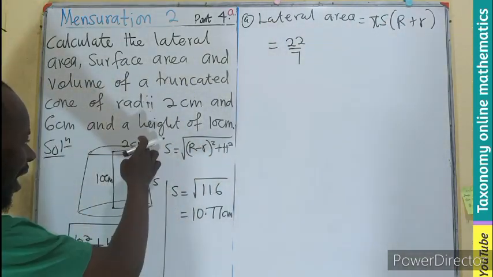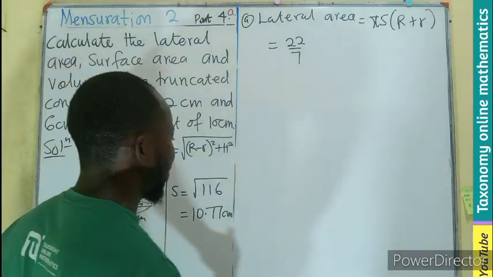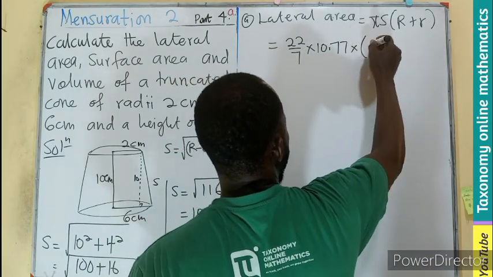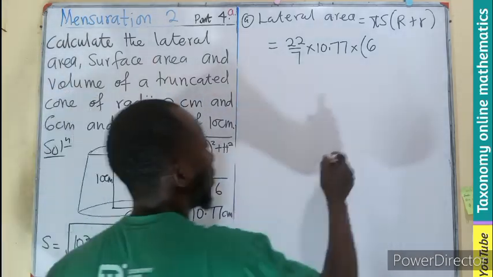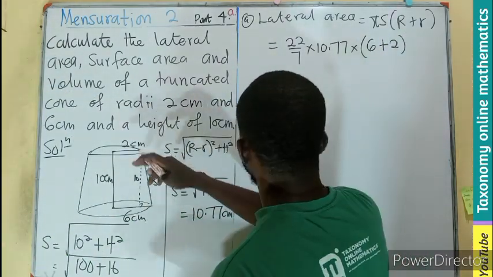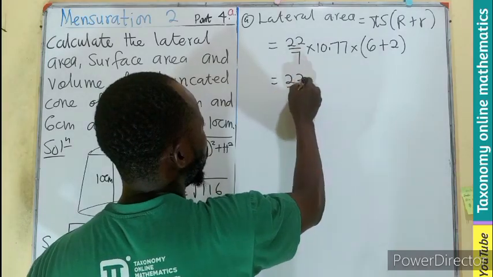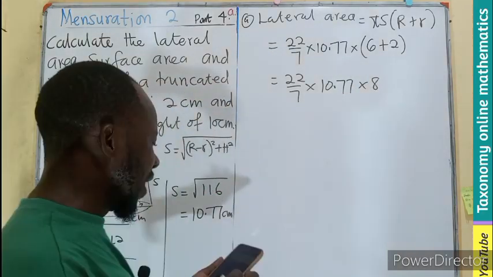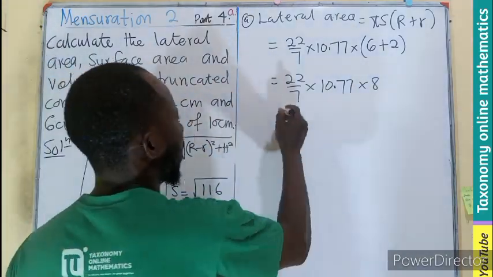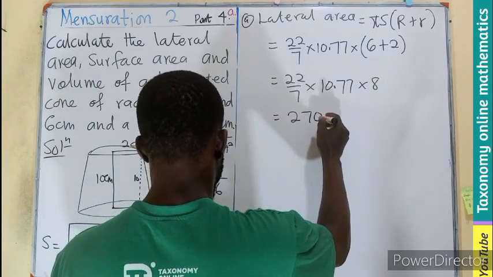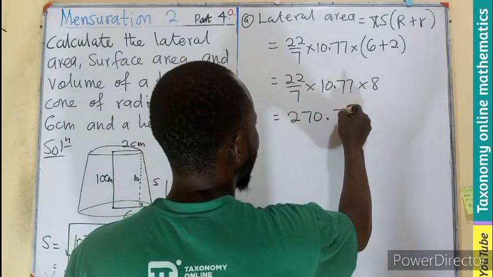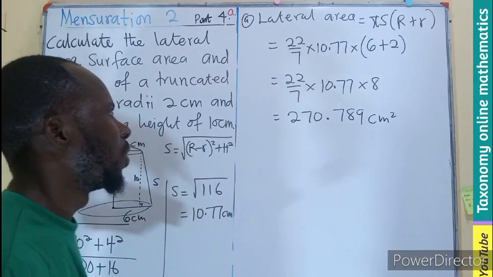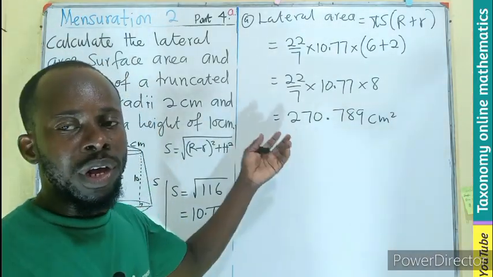This s is the slant height, which is 10.77, then times R, 6, capital R, plus small r, 2. So this becomes 22 on 7 times 10.77 times 8. Let's do that calculation and see. That will give us 270.789 centimeter square. So the lateral area, which is the curved surface area, will give us this.